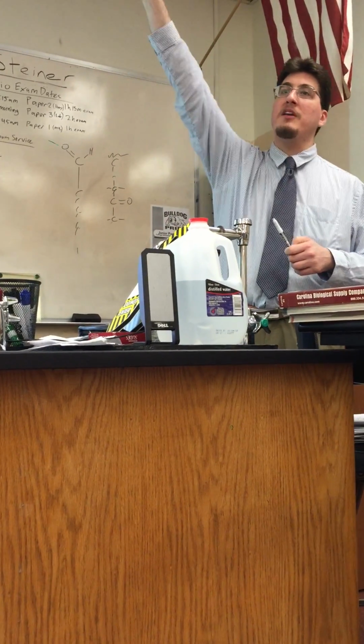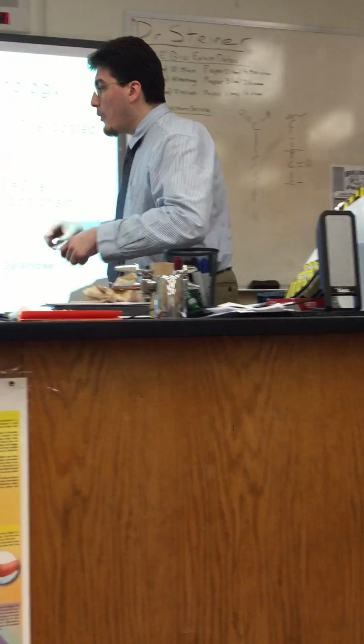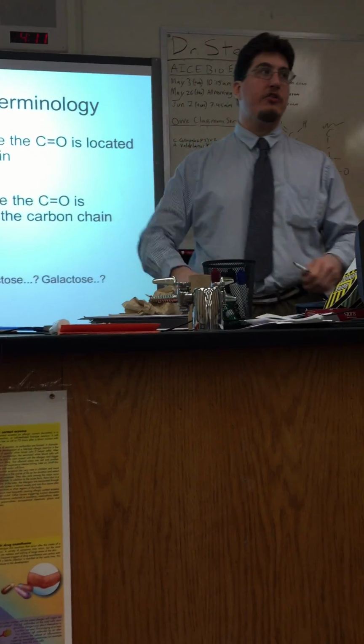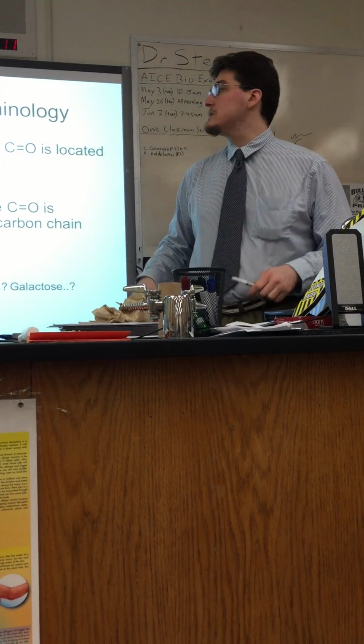It's an aldehyde group if it is carbon double bond oxygen with a hydrogen. It's a carboxylic acid group when it's carbon double bond oxygen and a hydroxyl group, OH. More about reducing sugars in a moment.